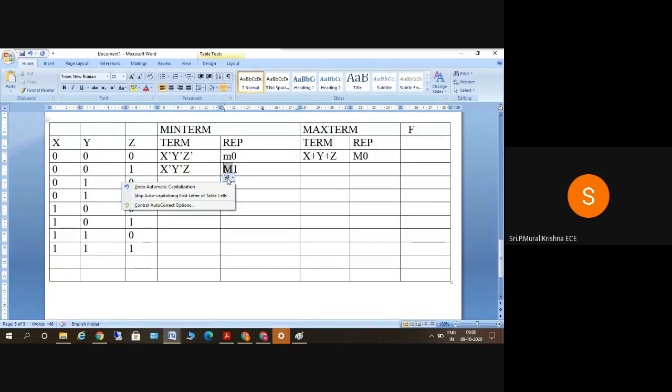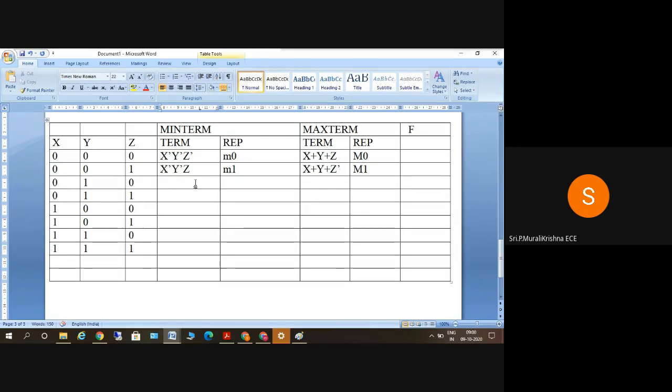Right, and 0 is the normal form and 1 is the complement form. So since a 1 has come, I'll write it as Z bar. Okay, and this will be M1.